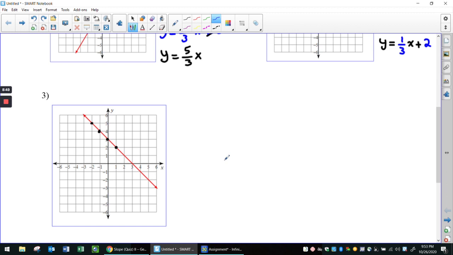Number 3, go ahead and draw this graph out. It crosses the y-axis at 3 once again here, and the line is going downward this time, so be careful. It does cross another point here at (1, 2). Of course this point here is at (0, 3). You've got this point here at (-1, 4).